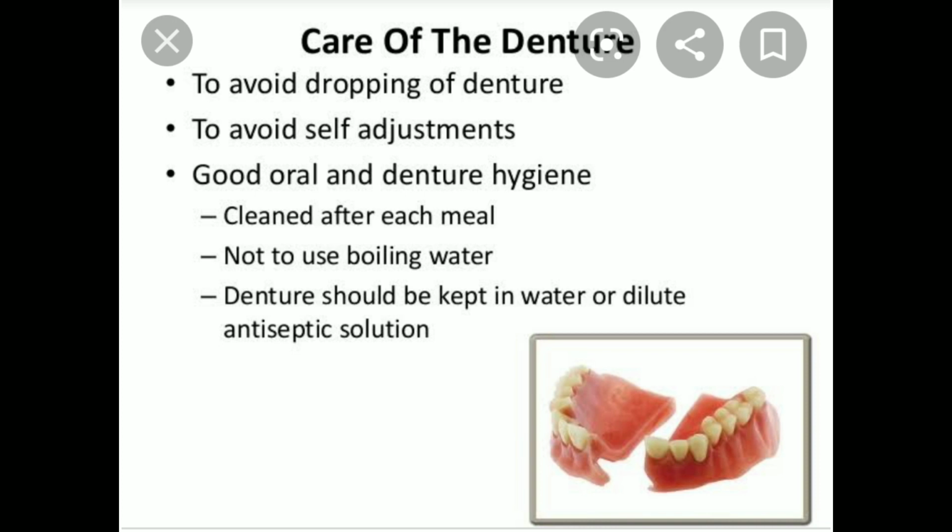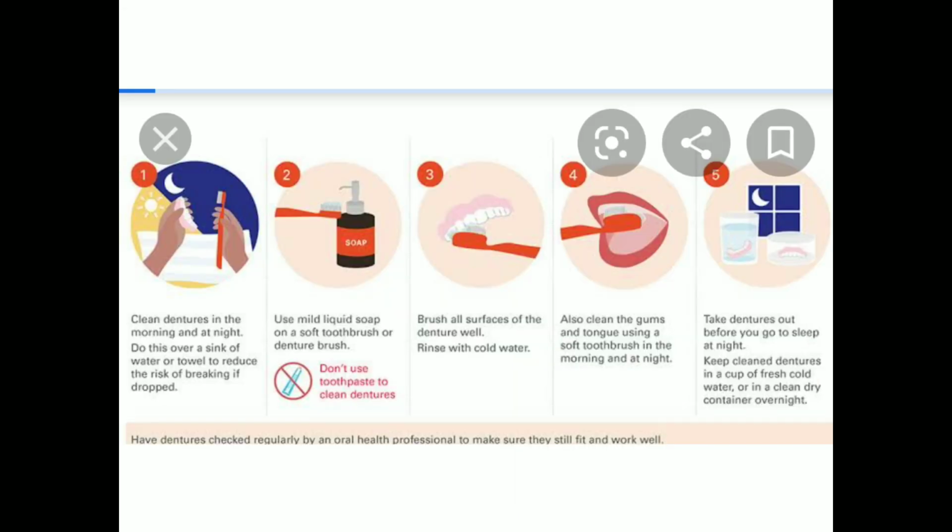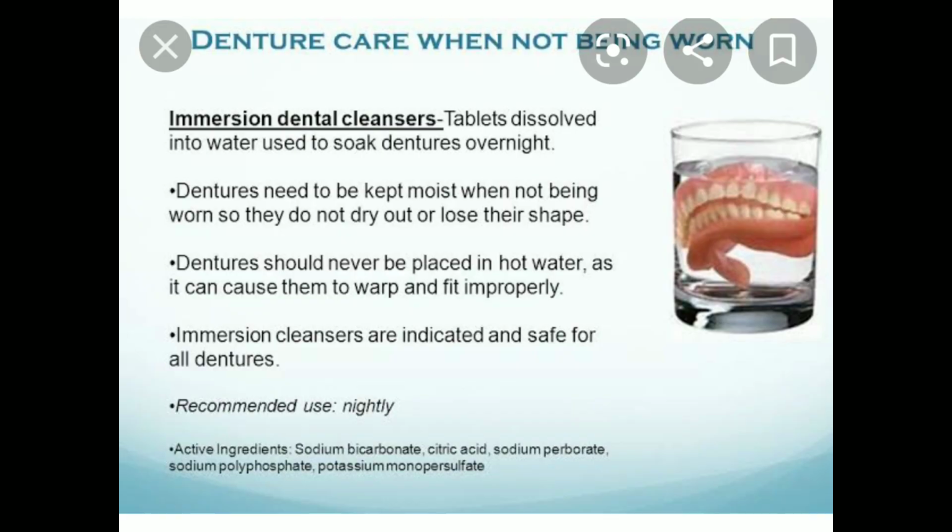And as I discussed, after every meal we have to clean. They should not use any boiling water, and the denture should be kept in water or dilute antiseptic solution. See, this picture clearly shows whatever I said, how to clean and what should be used, right? And overnight, what we have to keep, right?